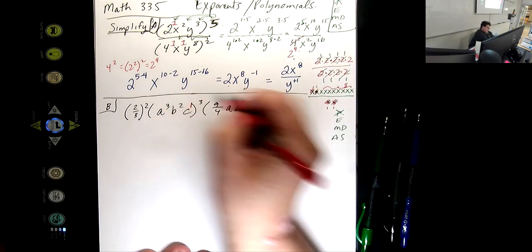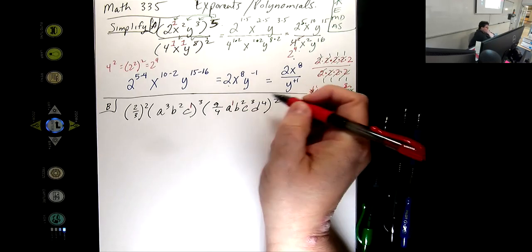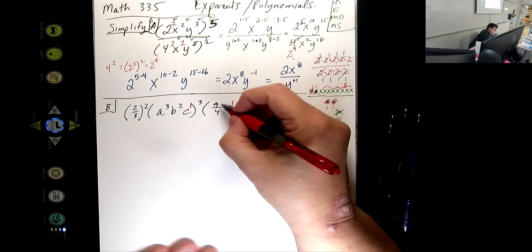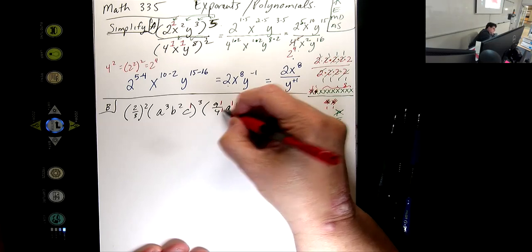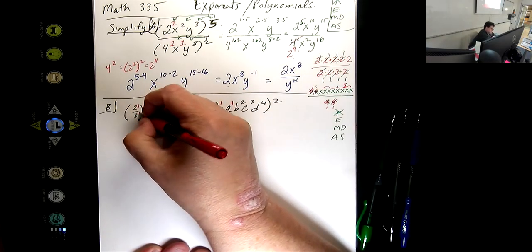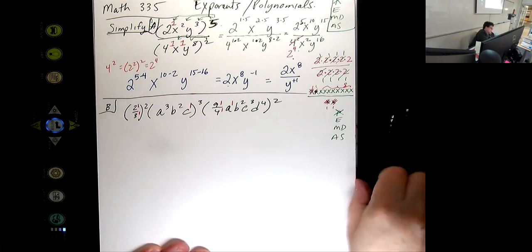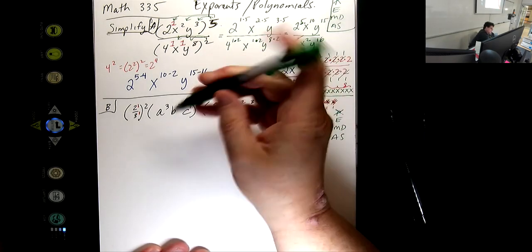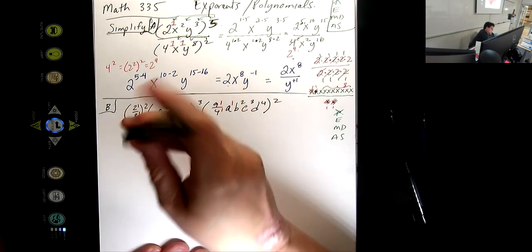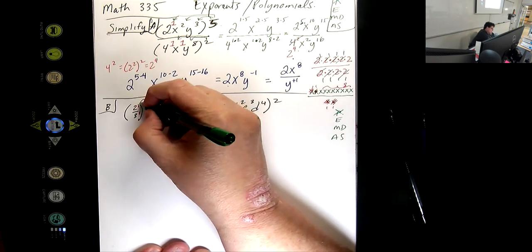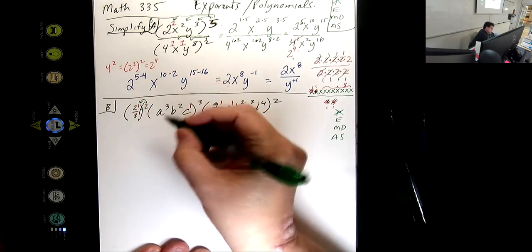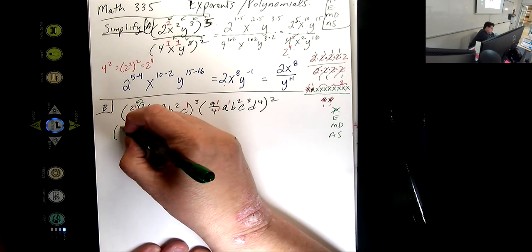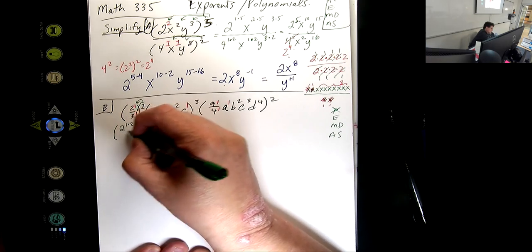Anywhere I don't have an exponent, I can put in 1. And remember, when you're distributing, it goes to every exponent on the inside, even to the ones in the denominator. So this first one will be 2 to the 1 times 2 over 3 to the 1 times 2.